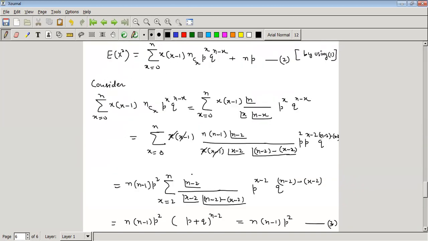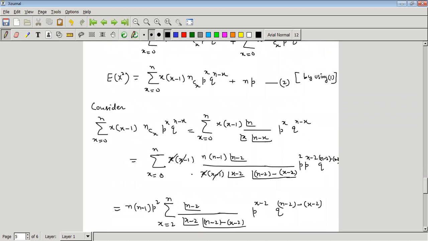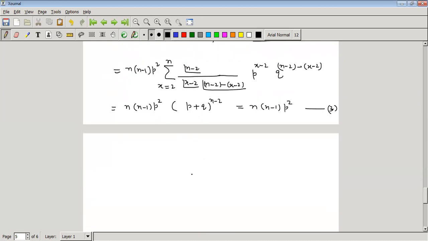So we put the value of this expression in equation 2. So from 2, the expectation of x square is equal to n into n minus 1 into p square plus np.